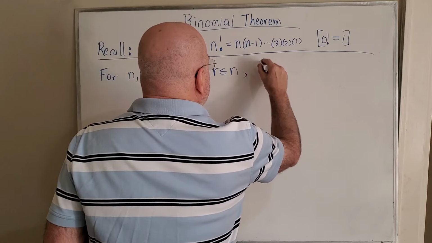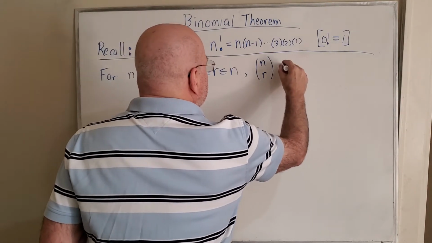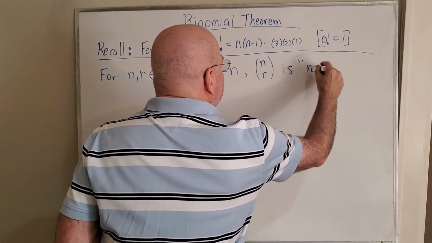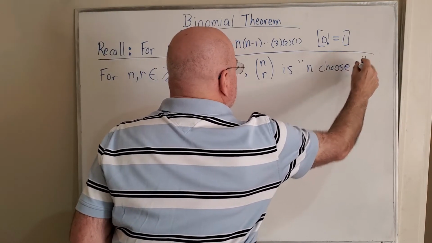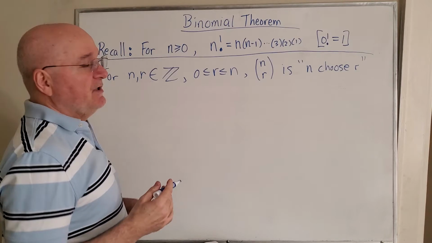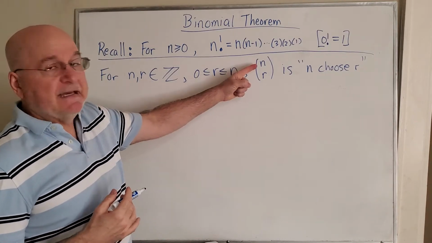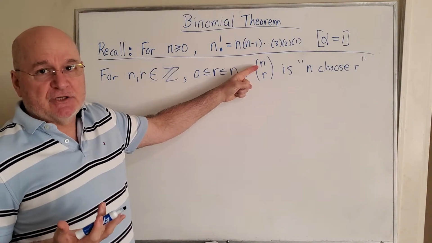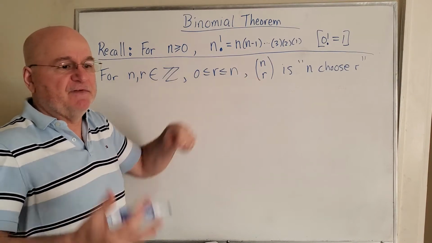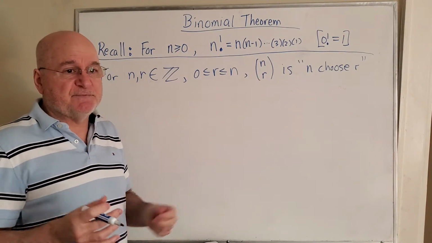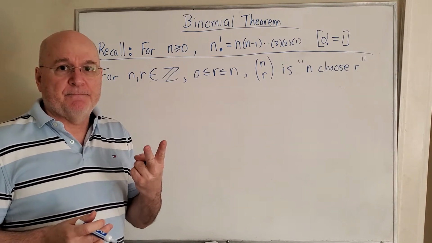This symbol is N choose R. That's just the terminology we use. You can use a longer terminology. You can say this is the combination of N things taken R at a time. In our previous example, it would be the combination of 6 people taken 2 at a time.